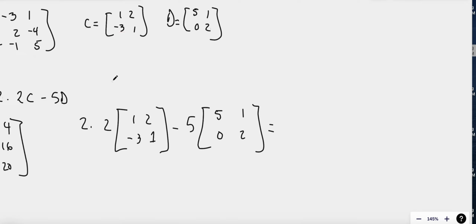So as we worked on the previous problem, let's distribute this scalar first to each of these elements.